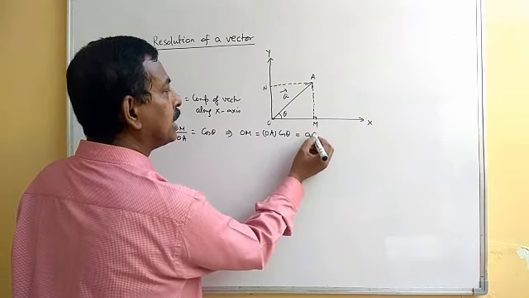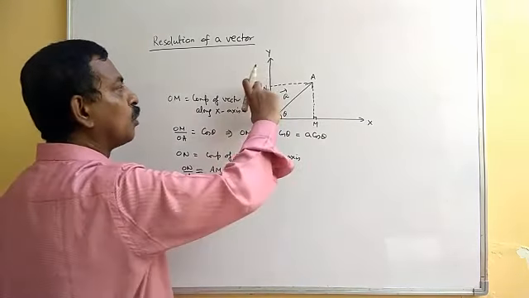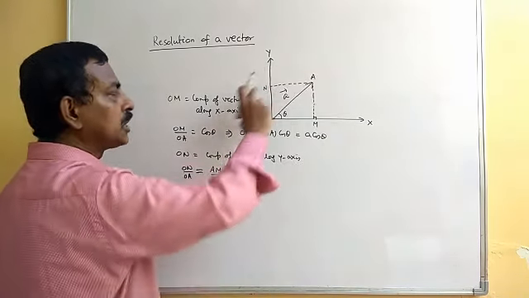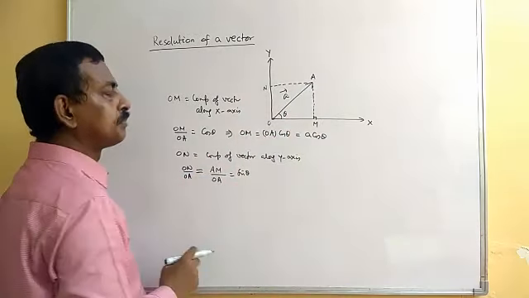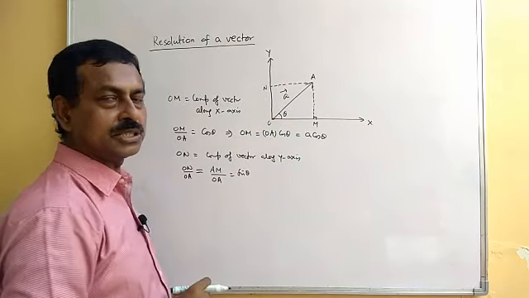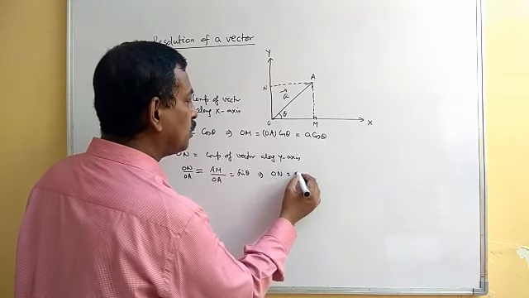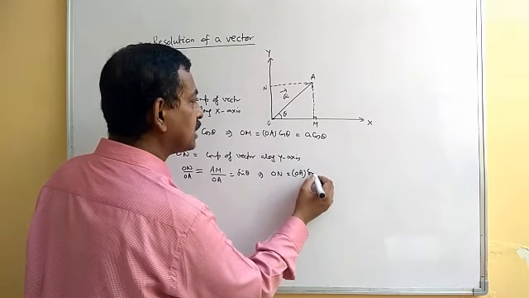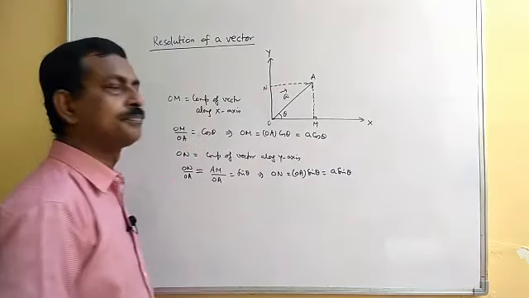So it can be written as A cos theta. Now ON by OA, we can also write ON as AM. So it is AM divided by OA, that is sin theta. And then ON will be OA sin theta, which is equal to A sin theta.